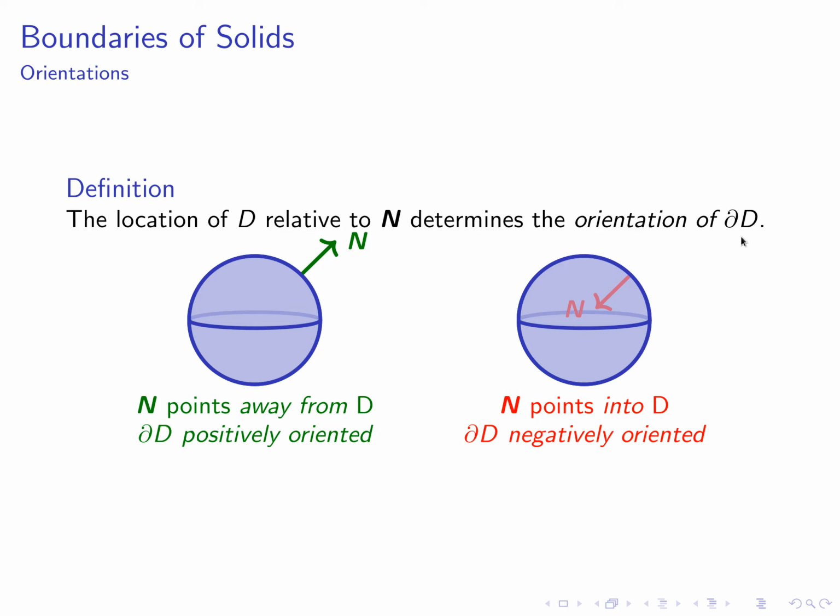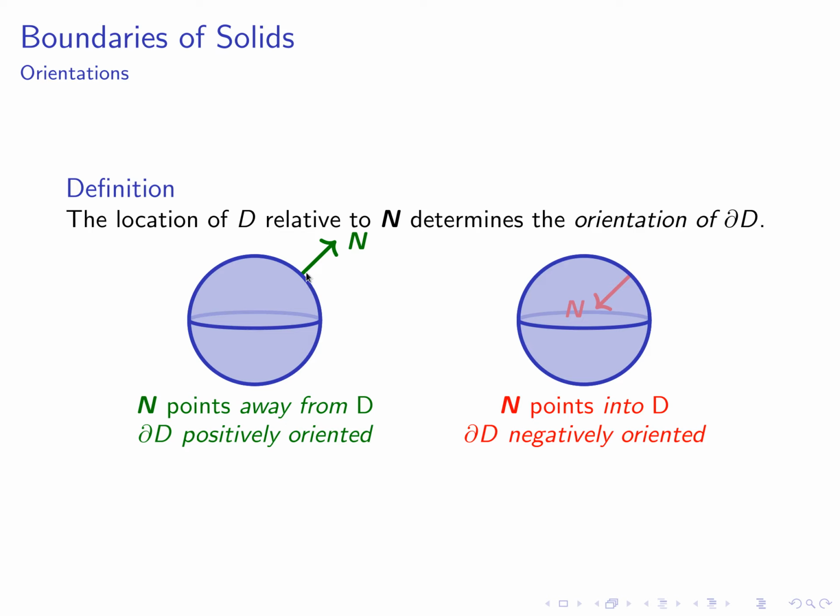It's actually somewhat easy to determine orientation in 3 dimensions in this way. To say that the boundary is positively oriented is to say that the normal vector always points away from the domain. So in the figure on the left here, we're looking at a sphere with everything filled in, and the boundary would be the outer shell, which is the sphere itself.